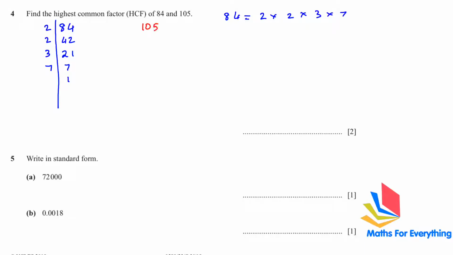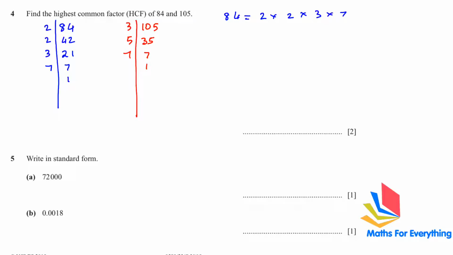Now we will do the same for 105. 105 is an odd number. You cannot divide it by 2. So try with 3. You will be able to divide it and you will get 35. 35 cannot be divided by 3, so the next prime number is 5. 35 divided by 5 is 7, and 7 divided by 7 is 1.